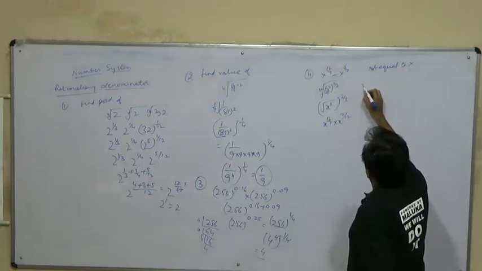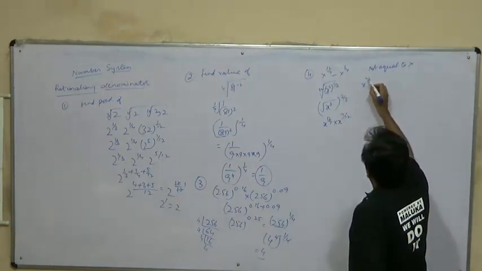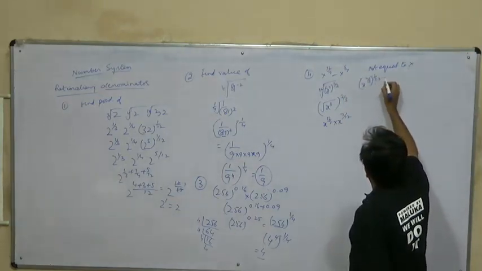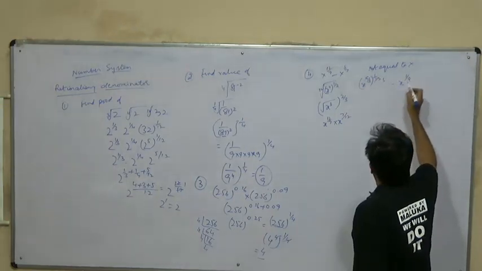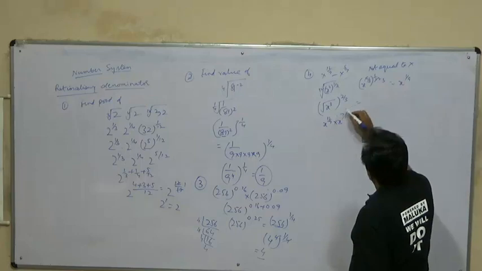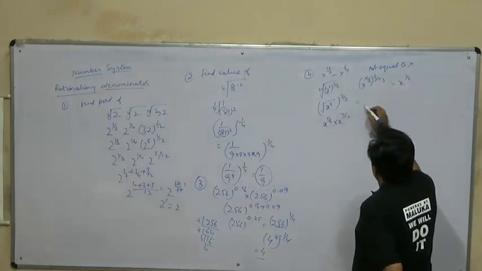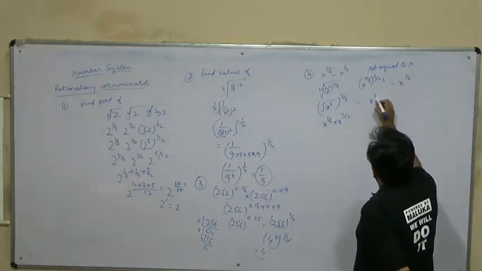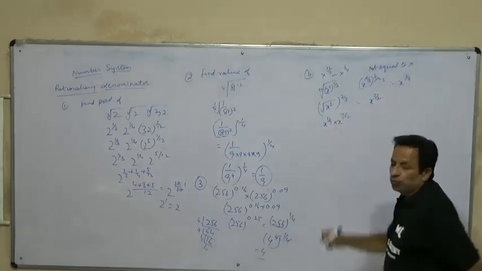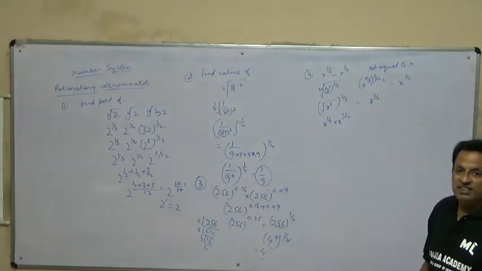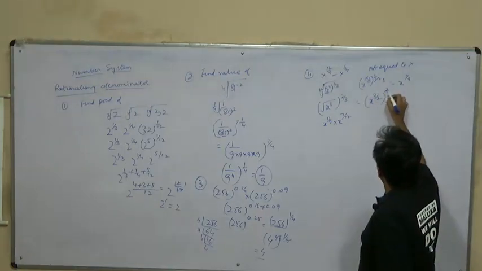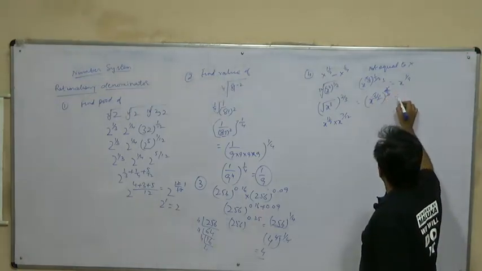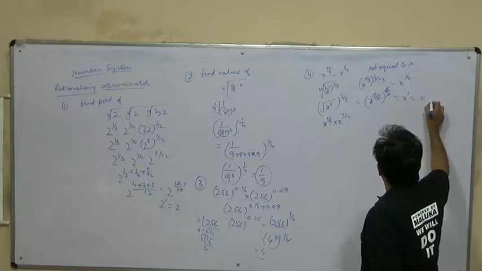Now here it will be x raised to power 4 by 3 and this is 1 by 12. So this cancels out at 3. This is x raised to power 1 by 9 and this is x raised to power 3 by 2, because if there is square root, power is 1 by 2, then whole power is 2 upon 3. So 2 cancels, 3 cancels, this is x raised to power 1 and this is equal to x.